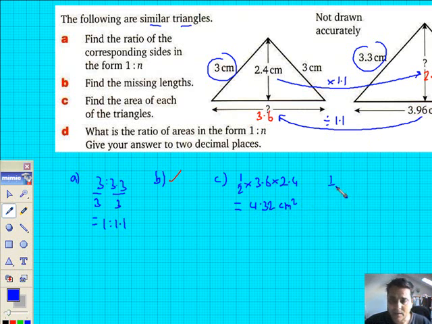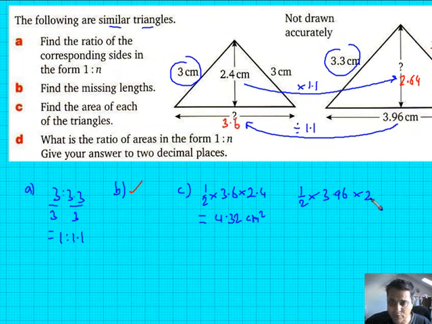Now this side, half times base 3.96, multiply the height of 2.64, and that gives us 0.5 times 3.96 times 2.64, and that gives us 5.2272 centimetres squared. And it says find the area of each triangle. Okay, so that's been done.